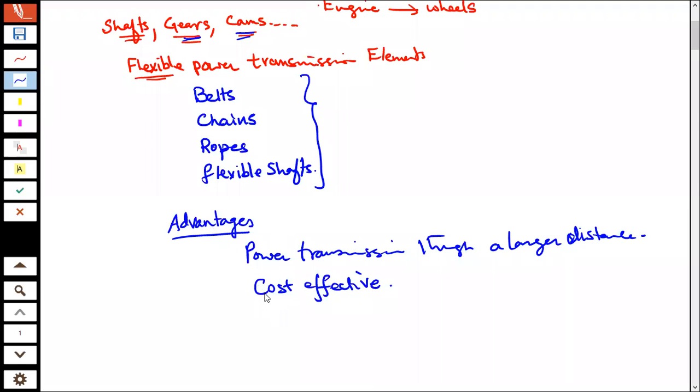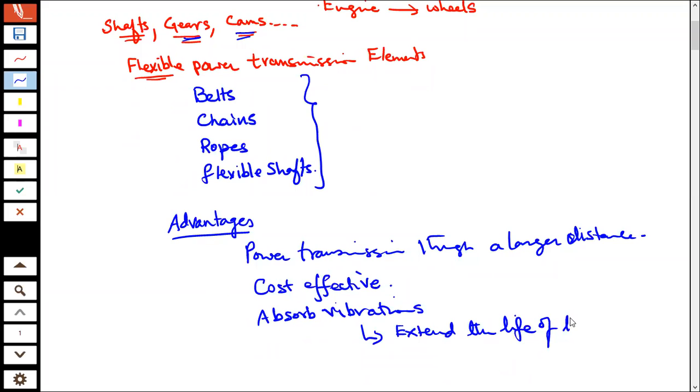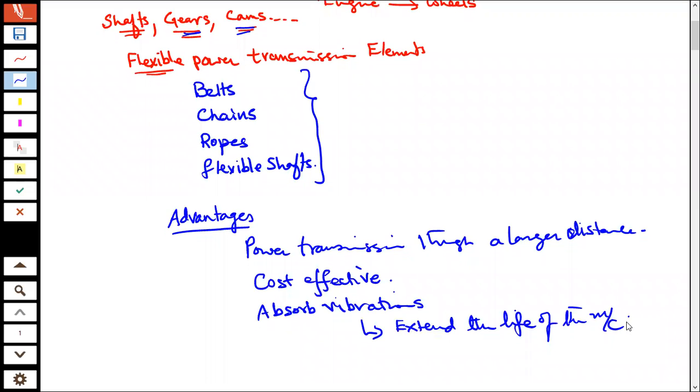For example, belts, when you use them, they can absorb vibrations. And in turn, when they absorb vibrations, when they run, they can extend the life of the machine, right?